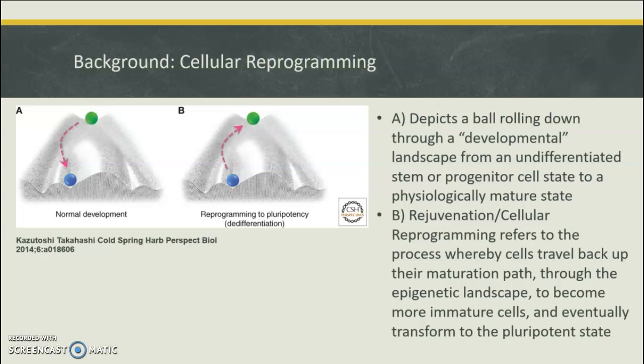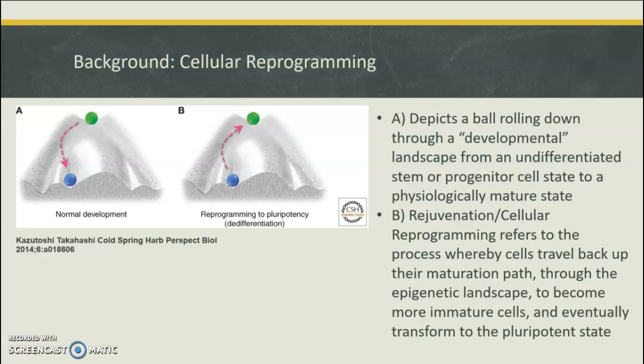So typically, in normal development, which is depicted by Figure A, it is often compared to a ball rolling down a hill. This is a cell going through a developmental landscape from an undifferentiated stem or progenitor cell state to a physiological mature final cell state.